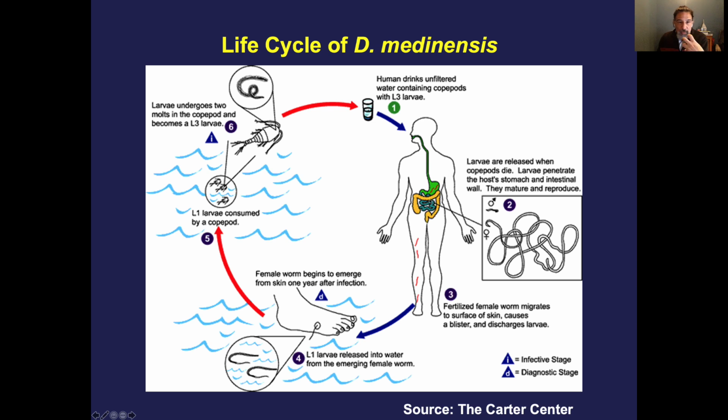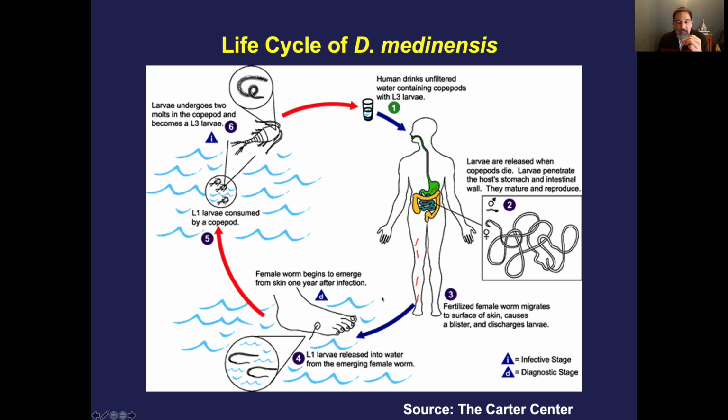When the copepods die in the process of digestion, the larvae are released into the human gut, and they mate there. Ultimately, a fertilized female worm may migrate to the surface of the skin over time, and that causes blisters, often in the lower extremities, but sometimes in the upper extremities.